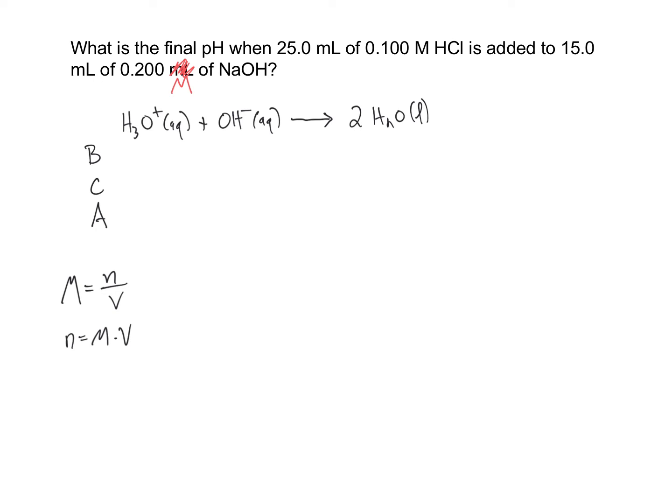So for HCl, or what I'm writing as H3O+, I need to use that I have 0.100 moles per liter times, and the 25 milliliters needs to be in liters, so 0.025 liters. So that's going to give me 0.